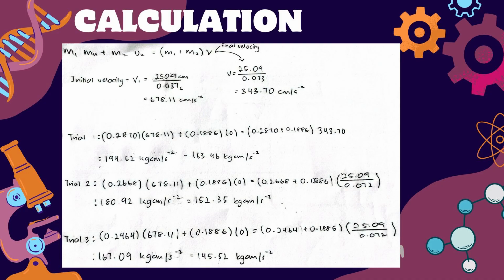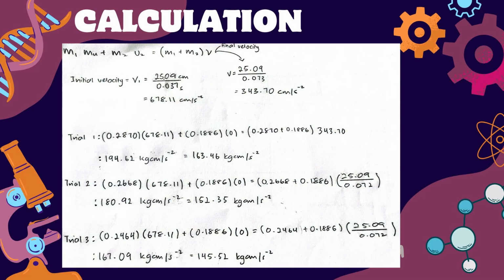And u2 will be 0 because it is not moving, and it equals bracket m1 plus m2, which can be found in the result in the time table, and v is the final velocity.